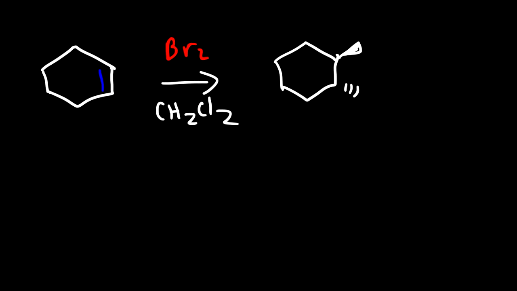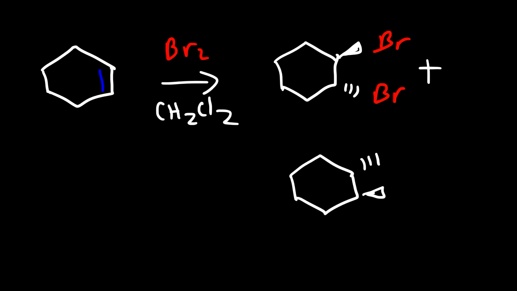One bromine atom will be on the wedge, the other will be on the dash. Now you get this product, plus you also get the enantiomer. So you get a mixture of two products. And so those are the products for that reaction.